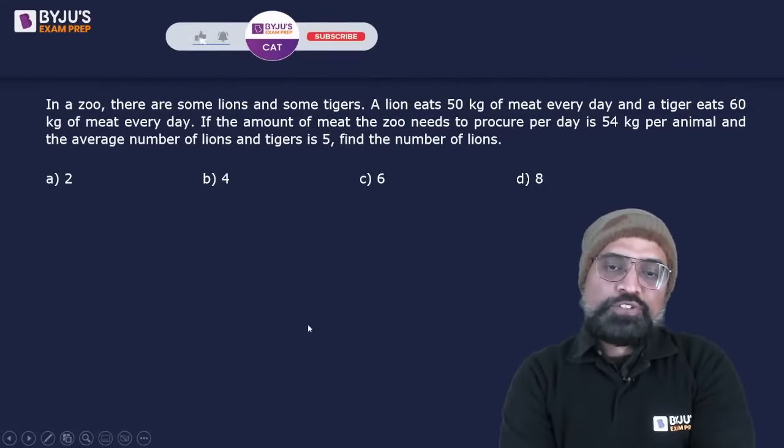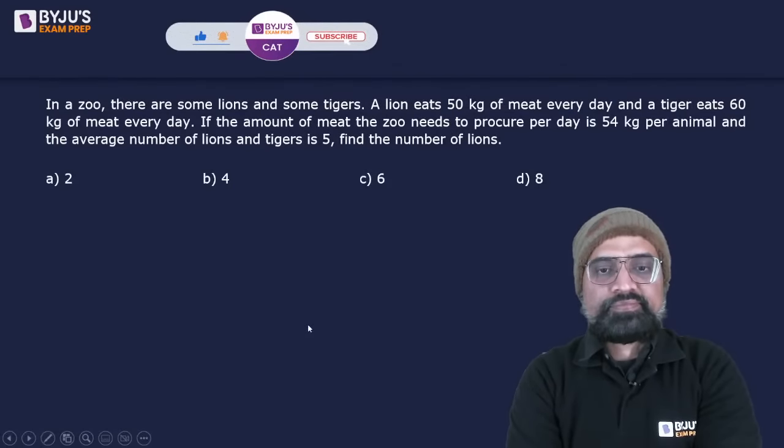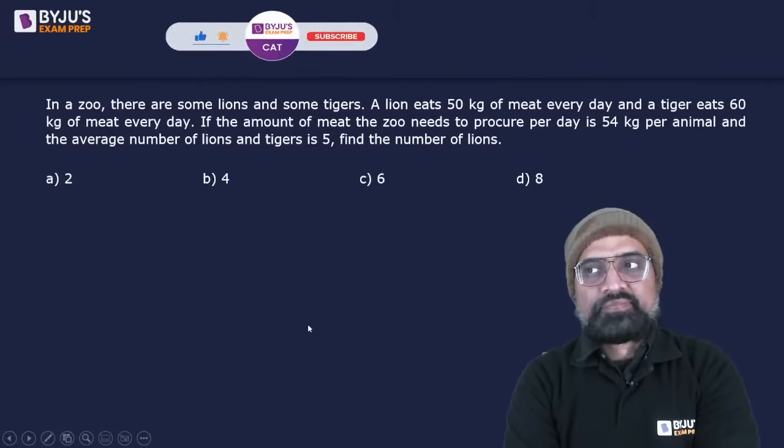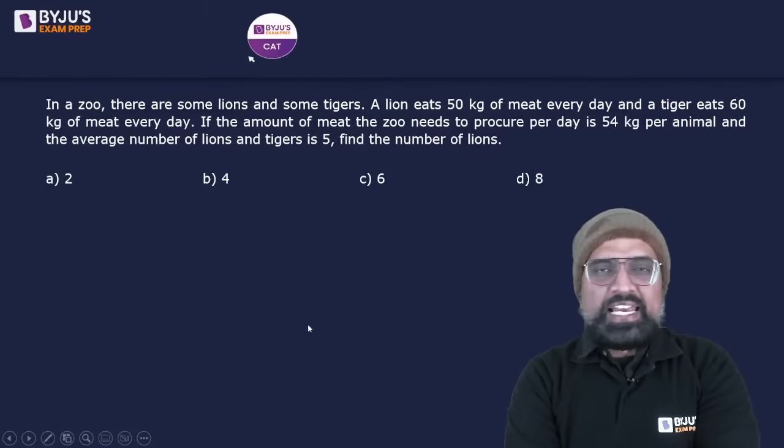It's not total number of lions and tigers. What will be the answer for this? It's a question on allegation, right?